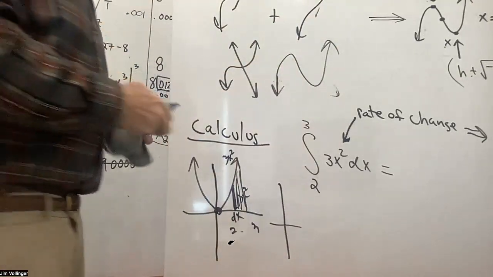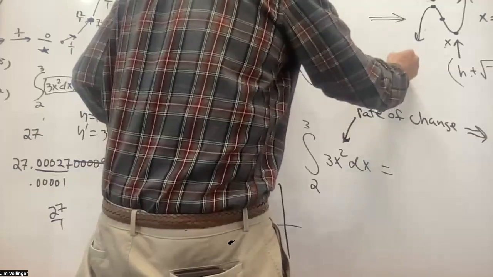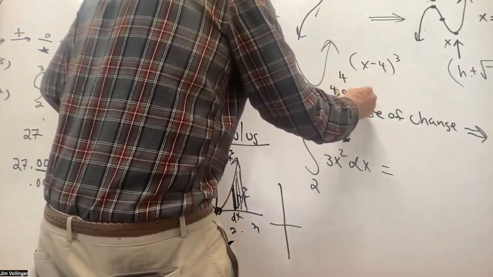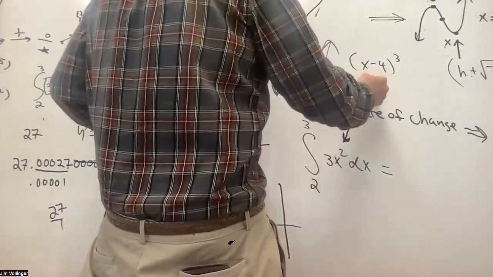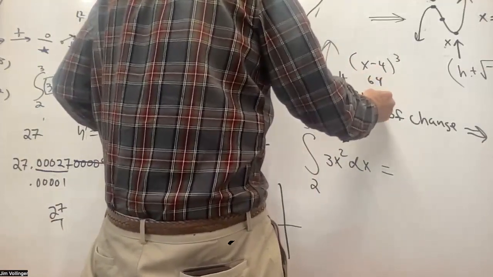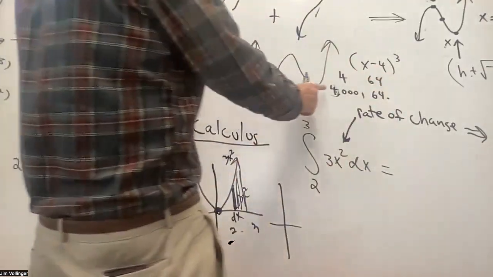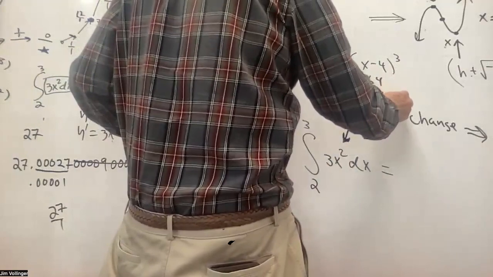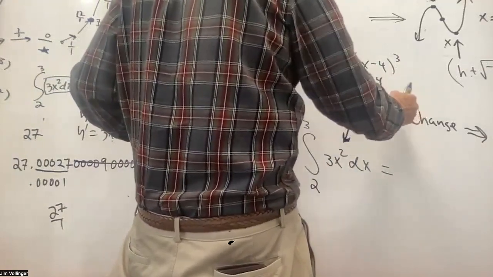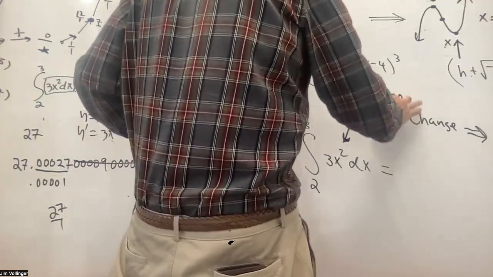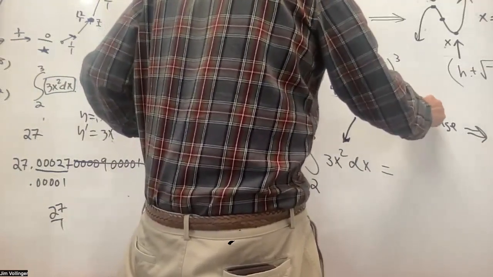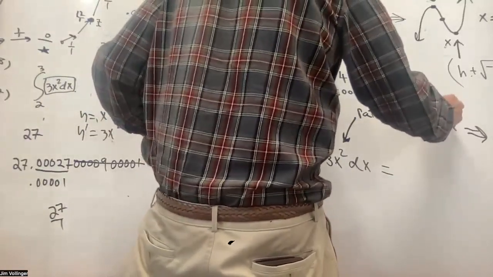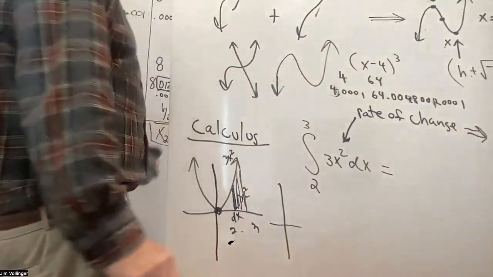Because completing the cube got us x minus 4 cubed, which means that if I go from 4 to 4.0001, then 4 cubed is 64, and this one is 64 point something.